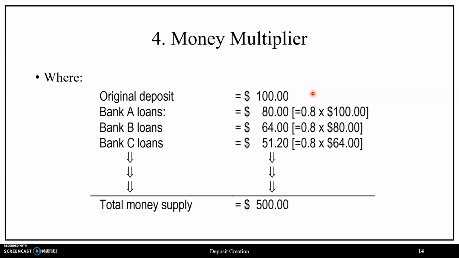We had an original $100 deposit, which allowed Bank 1 to make an $80 loan, which, after some steps, allowed Bank 2 to make a $64 loan. If we were to continue looking at this process, Bank 3 could make a $51.20 loan, and so on and so forth until the last loan at step N would be $0, where the sum overall would allow for the money supply to be $500.